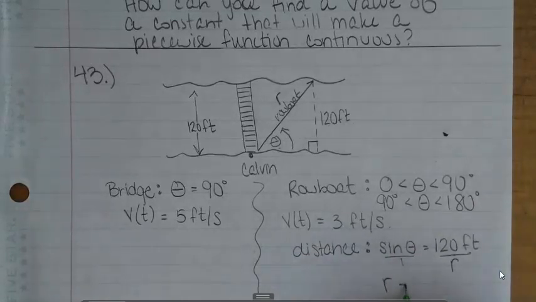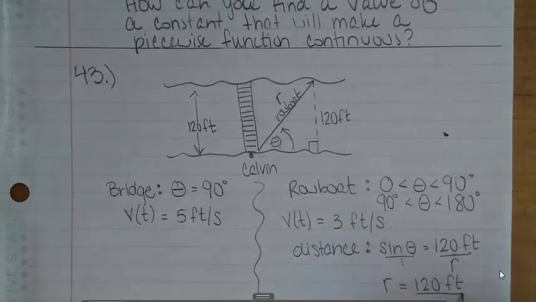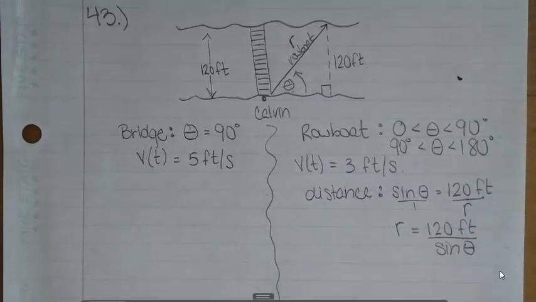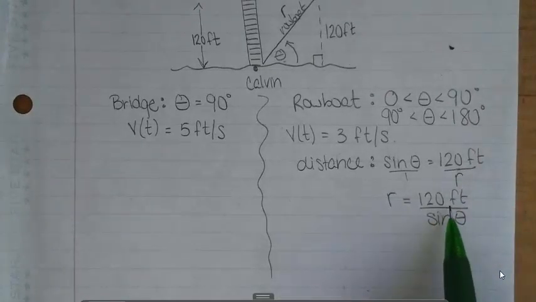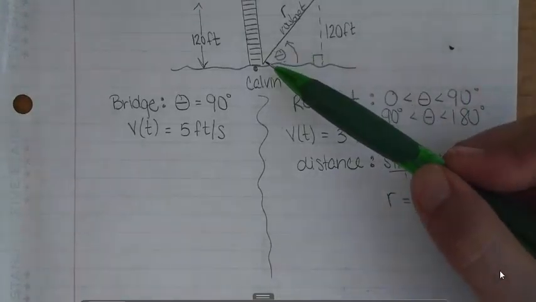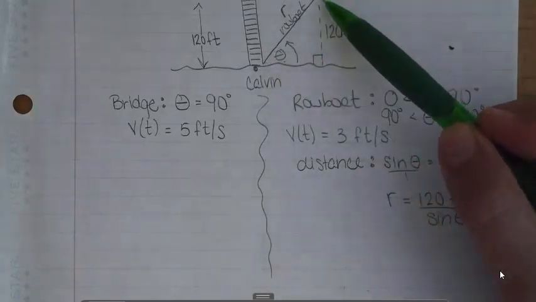So R is 120 feet divided by sine theta. That's giving me the distance if Calvin takes the rowboat.